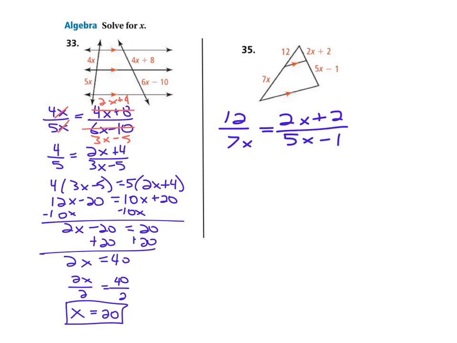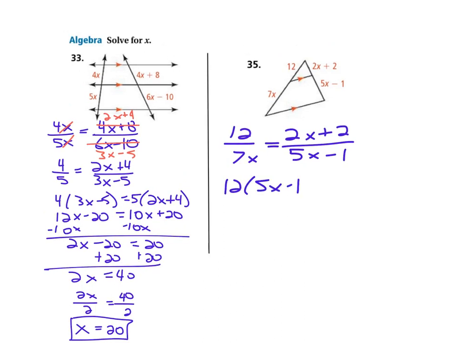So let's just multiply diagonally. We get 12 times 5x minus 1, multiplying that by that, equals 7x times 2x plus 2, which is the other diagonal multiplied.